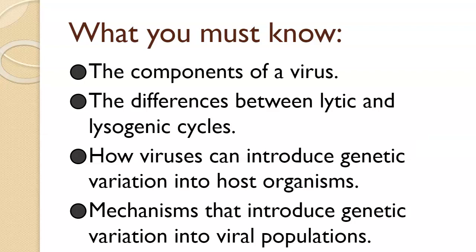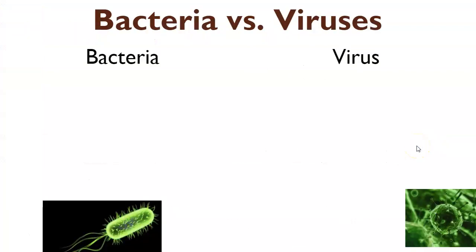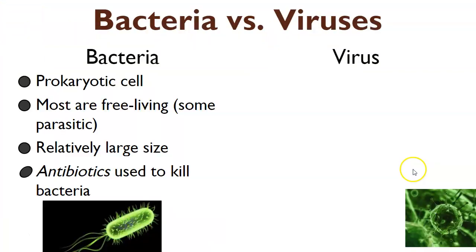There are two different cycles that it could take part in, whether it's lytic or lysogenic, and how viruses can actually introduce genetic variation. And we'll also learn about differences between viruses and bacteria, which leads me to this slide right here.